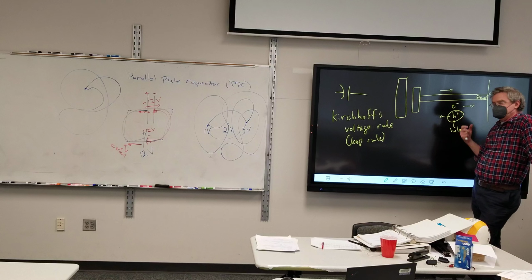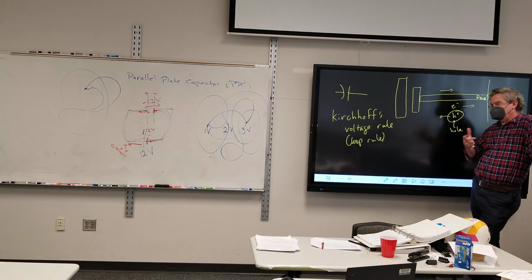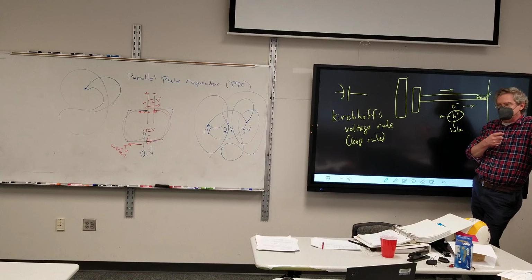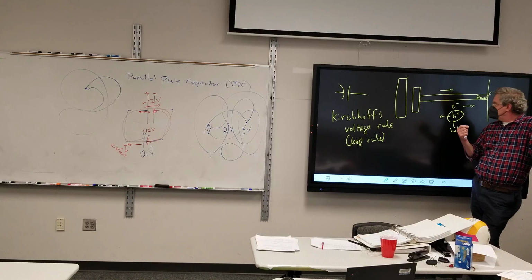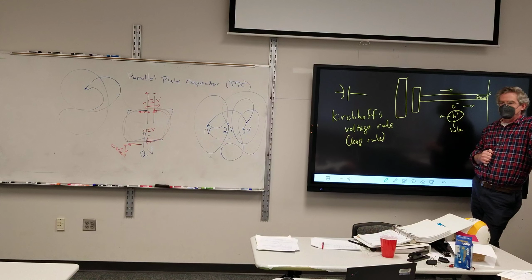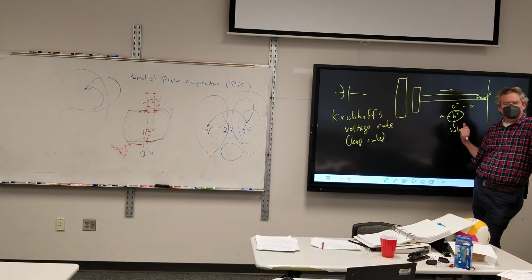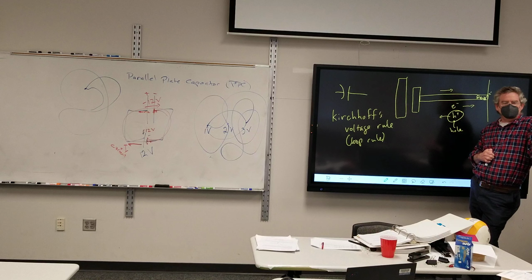H plus is typically the symbol they use for the hole, but it's really, as Raphael said, sort of an absence of an electron. I can't remember if your textbook talks about the hole movement or not. I was explaining the concept of the hole before, but they mentioned it more as a positive charge.